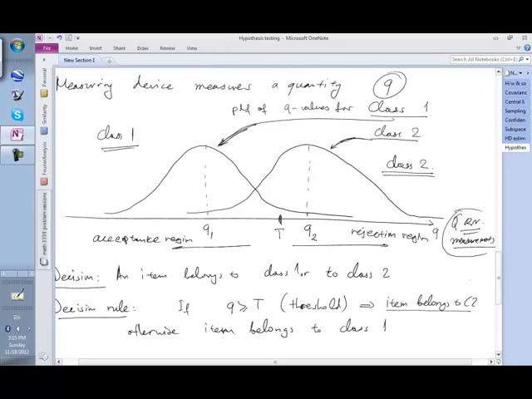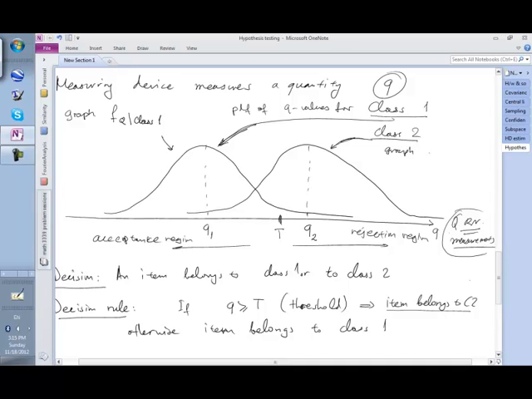If I want to make a more precise statement, I would say that this is the graph of the density function of the conditional distribution of the values of Q given that the item belongs to class 1.